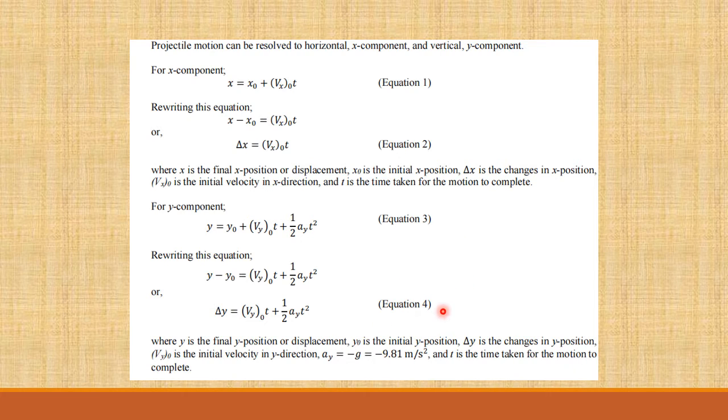Equation 4 we get from equation 3, where you take y naught to the other side and get minus, and then we get delta y. So we get equation 4. The same goes for equation 2, which means from equation 1 we put x naught to the other side and we get the difference, delta x.